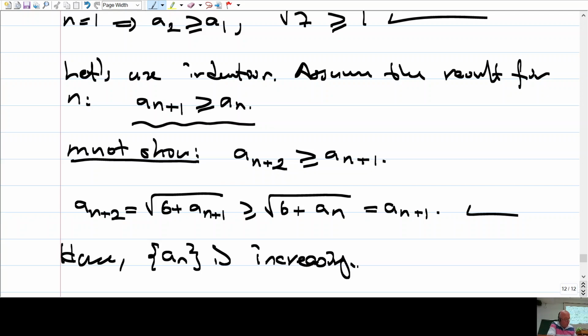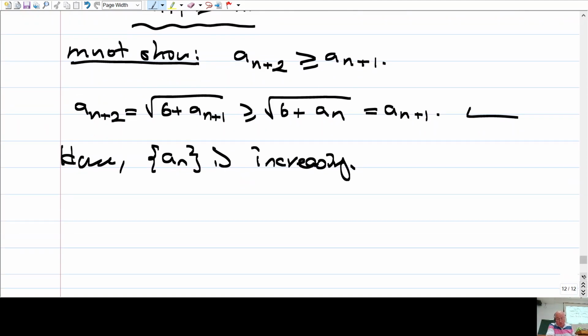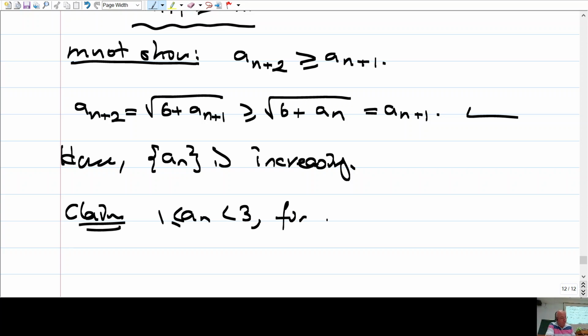So it's a monotonic sequence. We also claim that an is bounded. Another claim: all an are larger than or equal to 1 and less than 3, for all n. Therefore, an will be bounded.